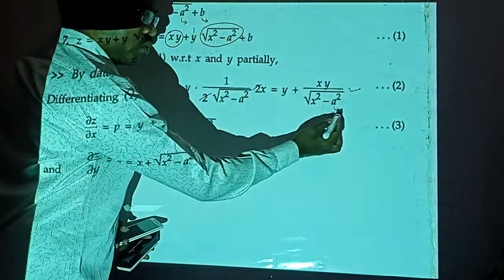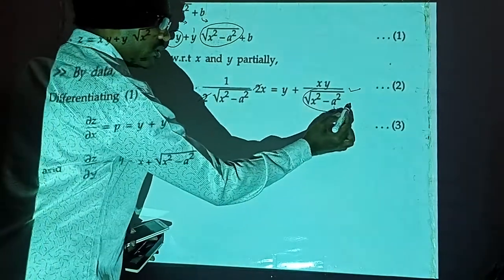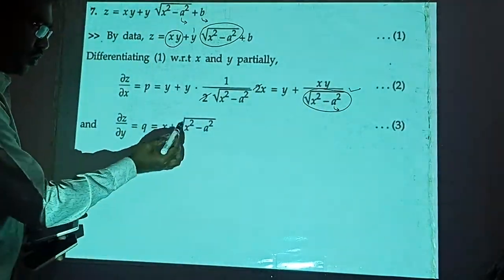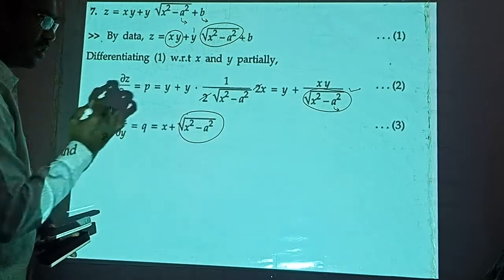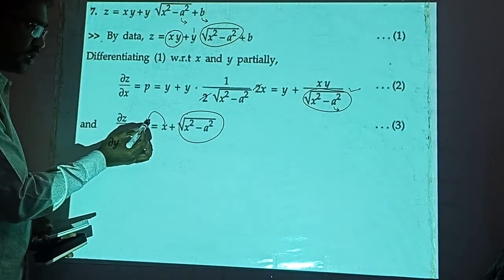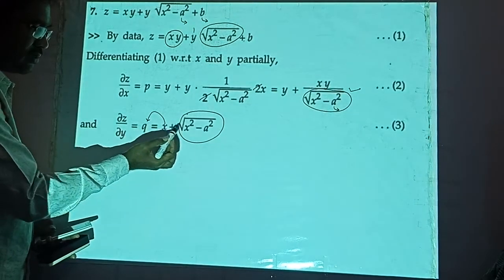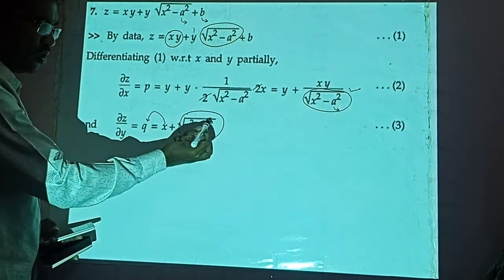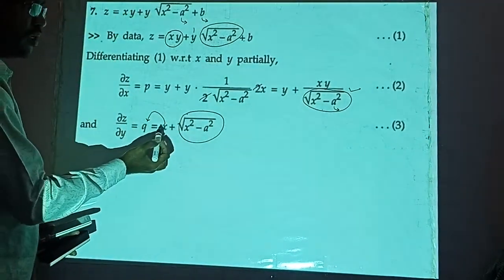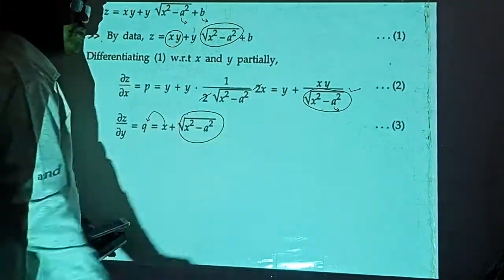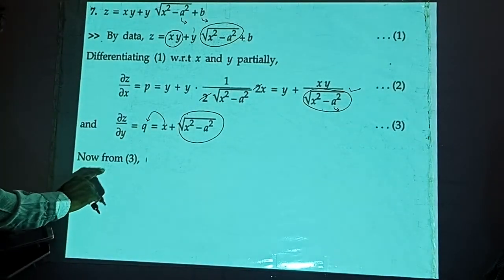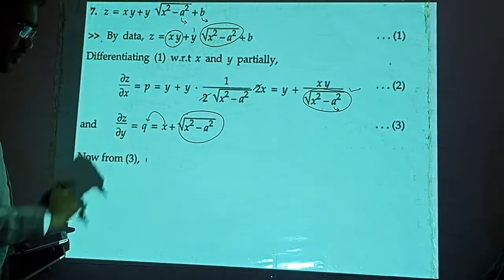And even that too, this root containing this a square can be eliminated with the help of this equation. How? You take this x to the LHS, you will get q minus x is equal to root. So in the place of root here, you can substitute q minus x, so that your a will also get eliminated. So from 3, we are going to rewrite this equation number 3.